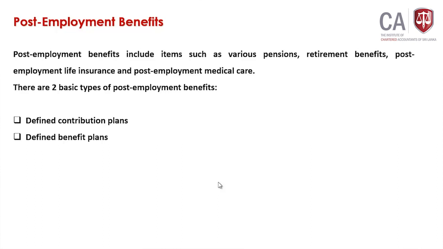Post-employment benefit includes items such as pension, retirement benefit, life insurance, and post-employment medical care. Right? Post-employment benefit can be divided into two categories: one is defined contribution plan, the other is defined benefit plan. Look at this board, so then you will easily understand.